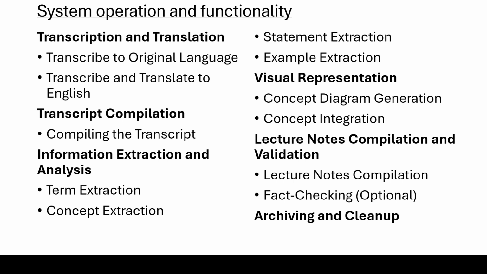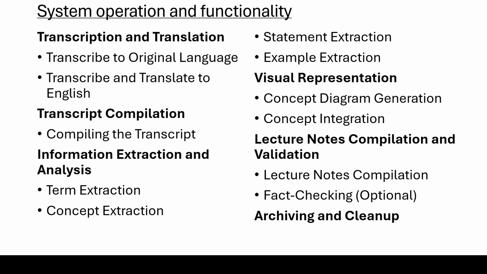Once we have the information extracted, we move on to the visual representation. This is to improve cognitive processing and knowledge retention. And here the system generates graphical representations of extracted concepts.